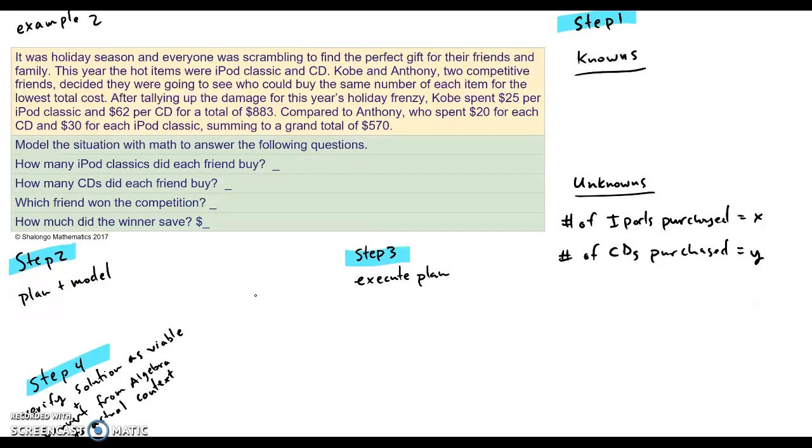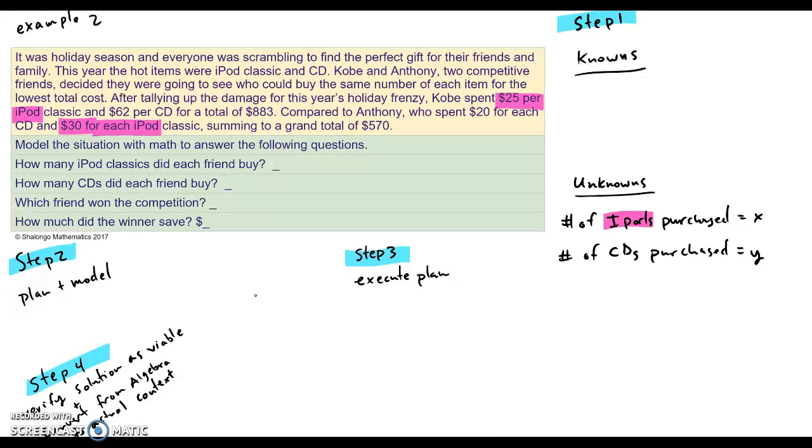We don't know these. Let's go back into the problem and identify the things that we do know. So things that we know. We know that Kobe spent $25 per iPod. And we know that Anthony spent $20. We know that Anthony spent $30 per iPod.